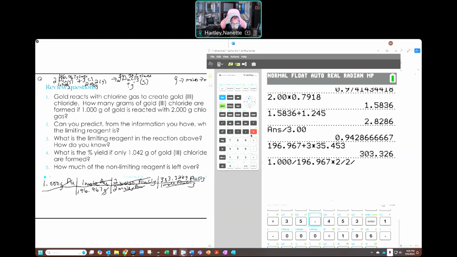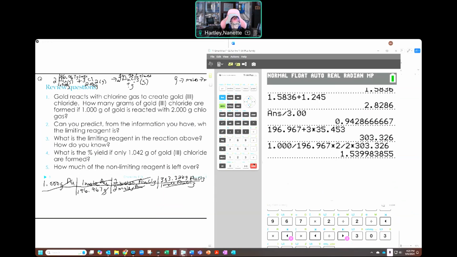And then I multiply by 303.326. And that lovely number that I get, the 1.53 and change, is the number of grams of AuCl3 that I get out of this.